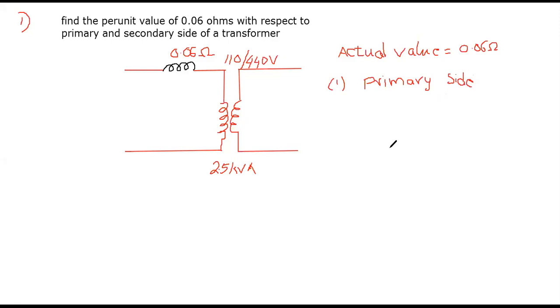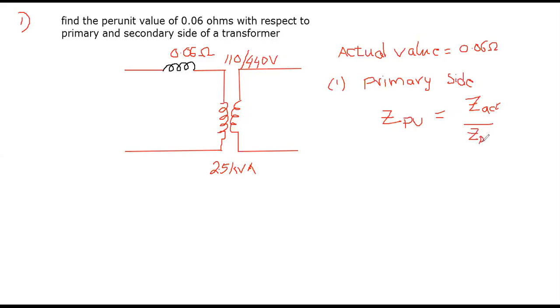Right? Now Z actual. Before going to that, first let me clarify the formulae you need to remember to calculate the per unit value. We know that Z per unit is equal to, as per the basic definition of the per unit value, Z actual divided by Z base.